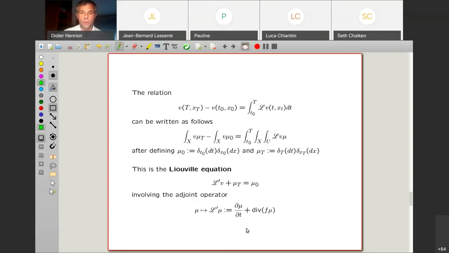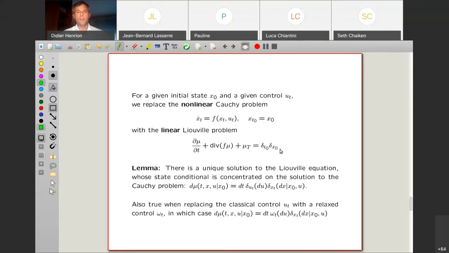It's a first order differential operator acting on measures. So if you're not familiar with these notations, just have to keep in mind that what I mean by this Liouville equation is just this equation for all possible C1 functions of time and space, C1 functions v, for all test functions.